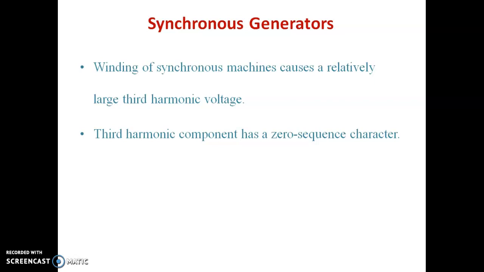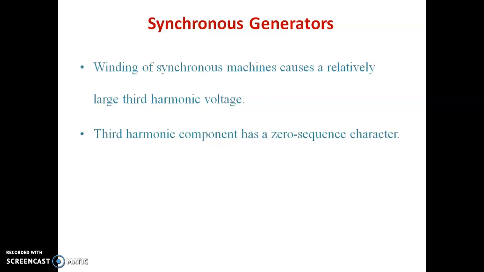Next is the synchronous generator. Synchronous generators are designed in such a way that they produce little third harmonic distortion. When using a standard synchronous generator in a low voltage system, there will be a short circuit for triple harmonics, which could cause large third harmonic currents.